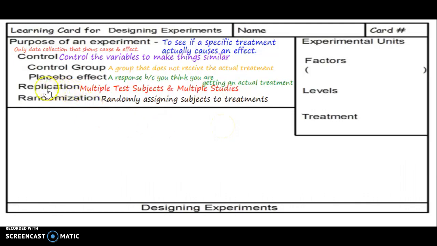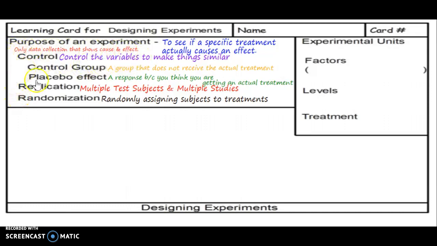In most cases, when you are running an experiment, you want certain people with certain characteristics. So you are specifically choosing people to be a part of your experiment and your statistical study. So you don't randomly choose the people or randomly choose the test subjects. Once you have your test subjects, that's when you randomly assign them to a treatment group. And those are the characteristics of a well-designed experiment.